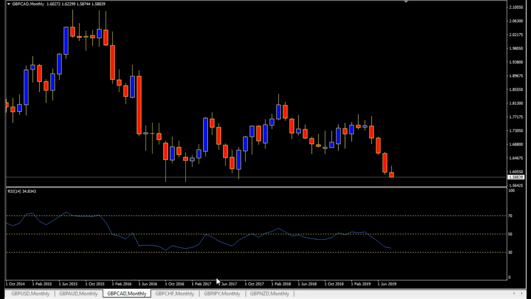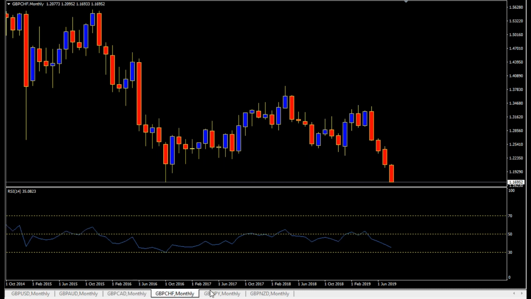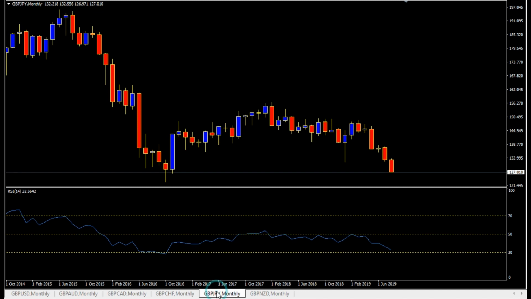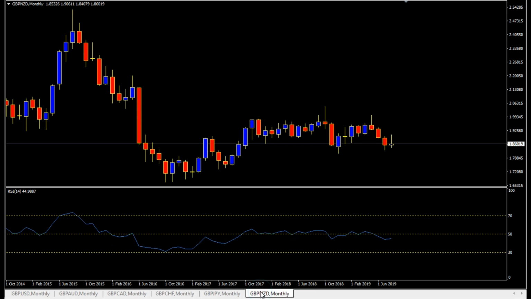Yes, it's going down, and then this one, yes, down, but it's too close to the previous support. Then we go to the next one. It's got enough space until the previous support. It can come further down, GBP JPY, and then the New Zealand dollar. Yes, again this can come down. It's been going up, but it can come down.